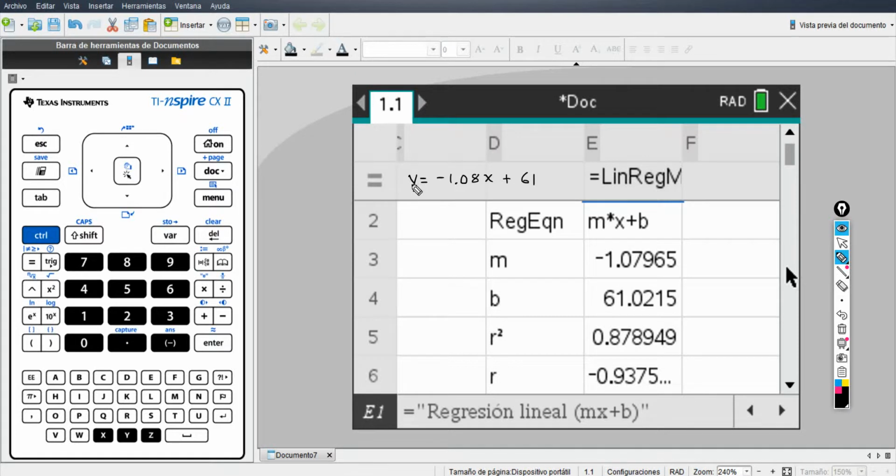And remember, what is y for the moment? Y is the sold tickets, and x is the price or the cost. So this would be the regression line, and this is the one that we call y on x. Remember, y is representing the sold tickets, x is representing the cost.